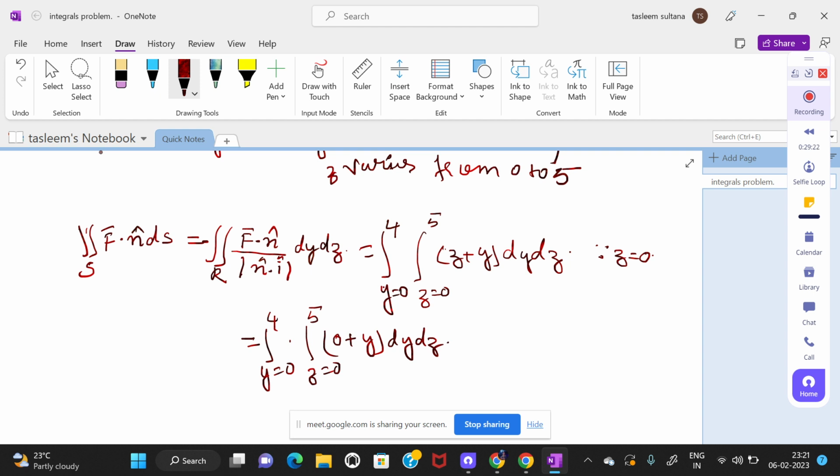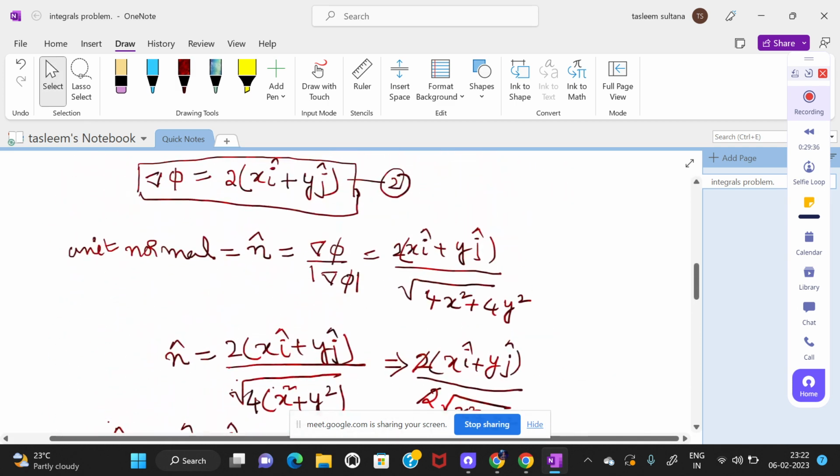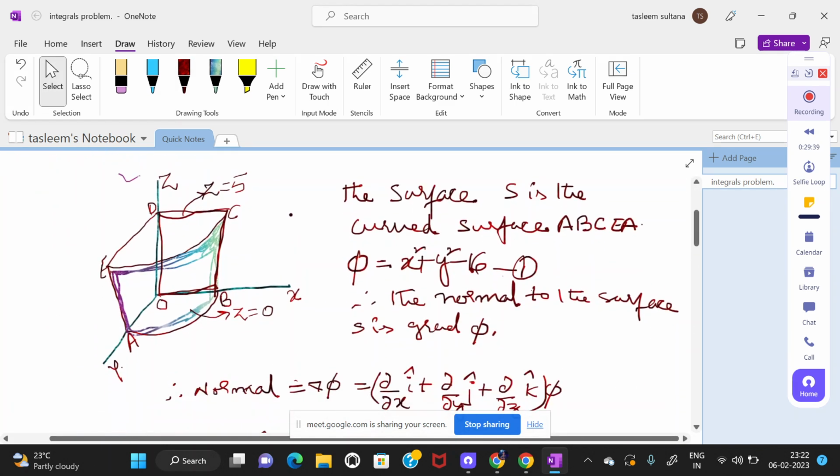Once you see the figure, you will be able to see how it is.